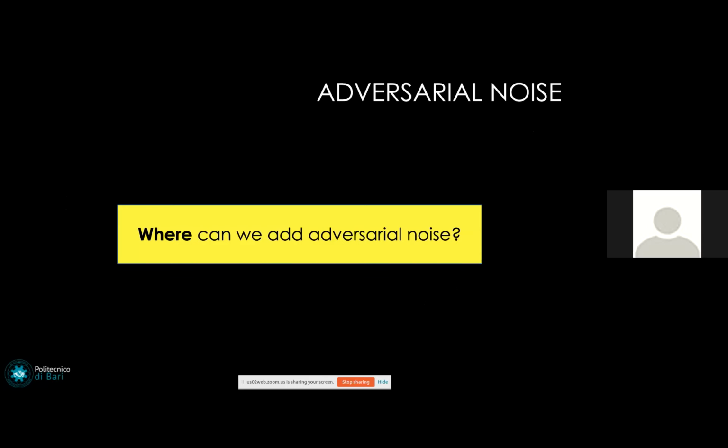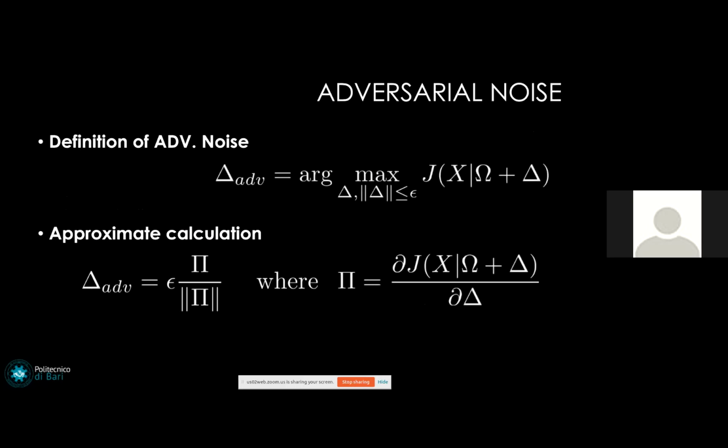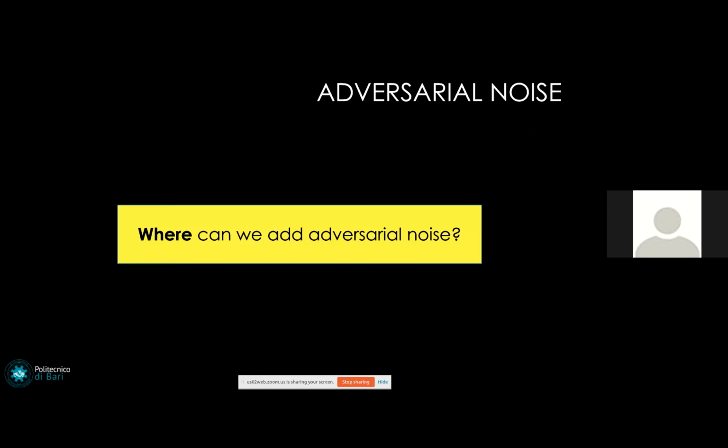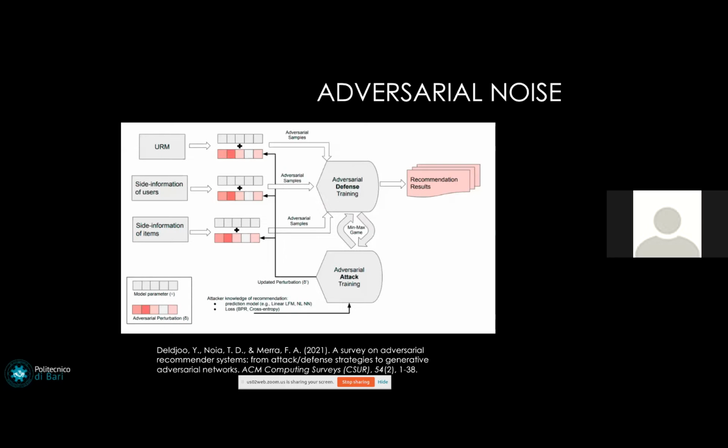So we're going to talk about these more in the following slides. Let's start with the first question. Given that we have generated this adversarial noise, where could it be added in the design space of a recommender system?